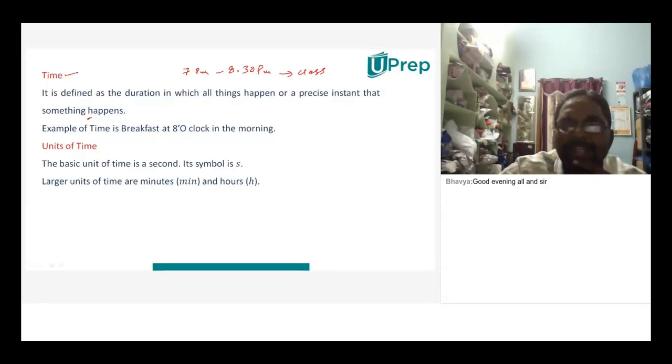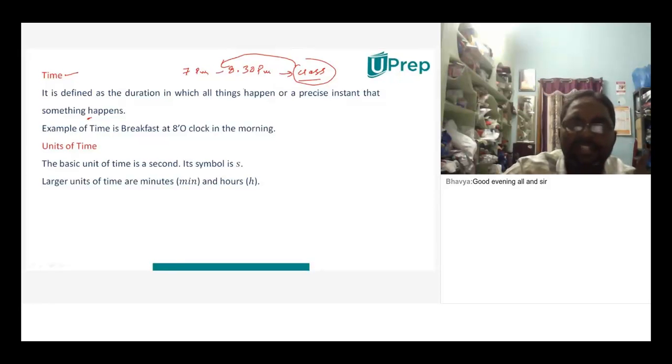Some explanation is happening. That means the class is happening. So the event is taking class, and to take class, some duration of time will be there. So you have to say it like this: the time is defined as the duration in which an event will occur.